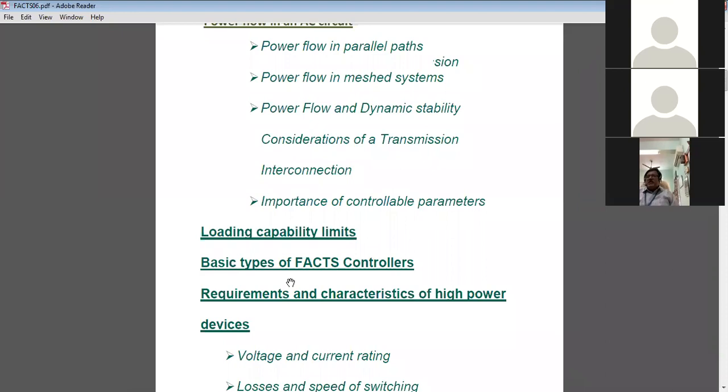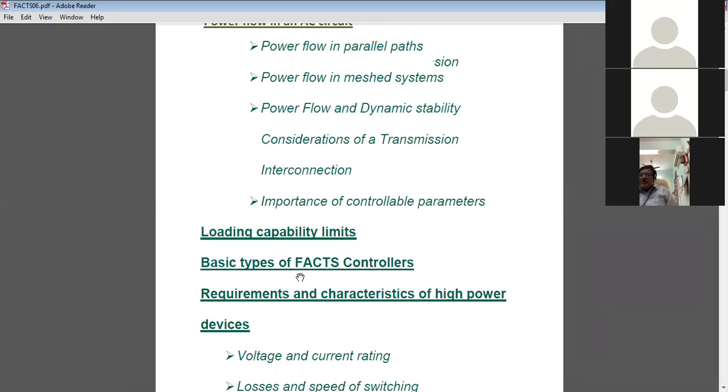Any equipment is safe even when 10% extra voltage is applied. Once it exceeds that 10%, the insulation problem will occur, insulation failure takes place, and the conductor is damaged. So every transmission line has a certain capacity decided by these three factors, and a number of stability factors are considered: transient stability, steady state stability, dynamic stability, voltage stability, and frequency stability. Along with these, subsynchronous resonance is also considered.